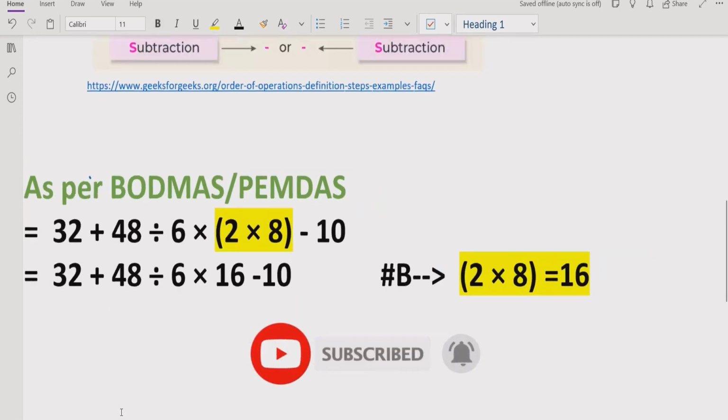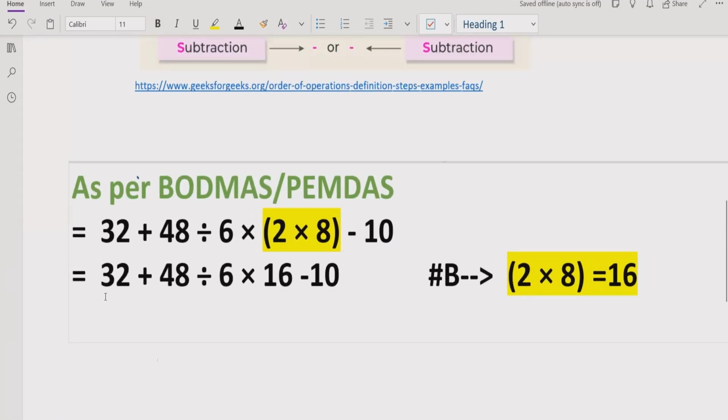Now move forward. Our expression does not contain any bracket right now, so it's free from brackets. We also do not have any order or exponent, or you can say any power of any number, so we will skip that step. Now we will move forward to the division and multiplication.